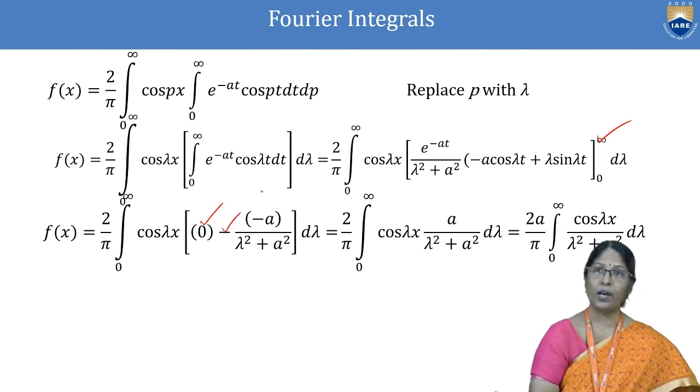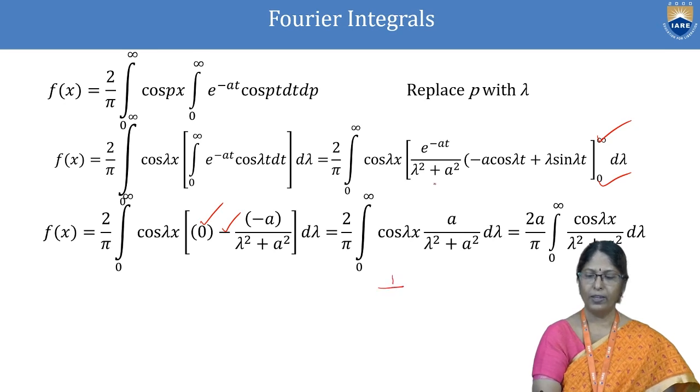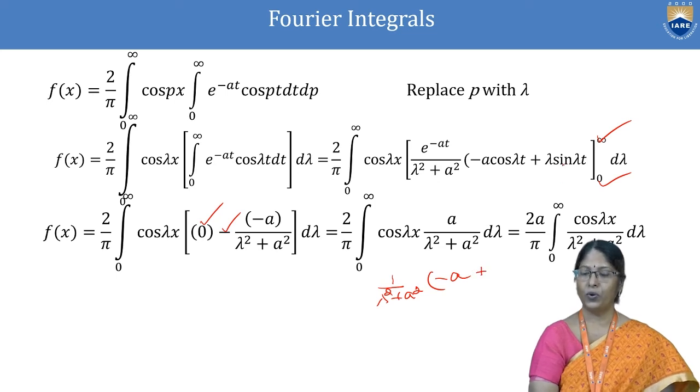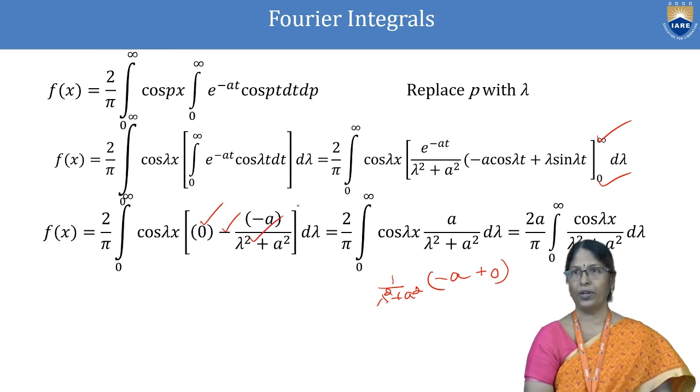Then minus, because it is upper limit minus lower limit, the lower limit is 0. So e power 0 is 1, by lambda square plus a square, minus a, cos 0 is 1, sin 0 is 0. So we got the term minus a.